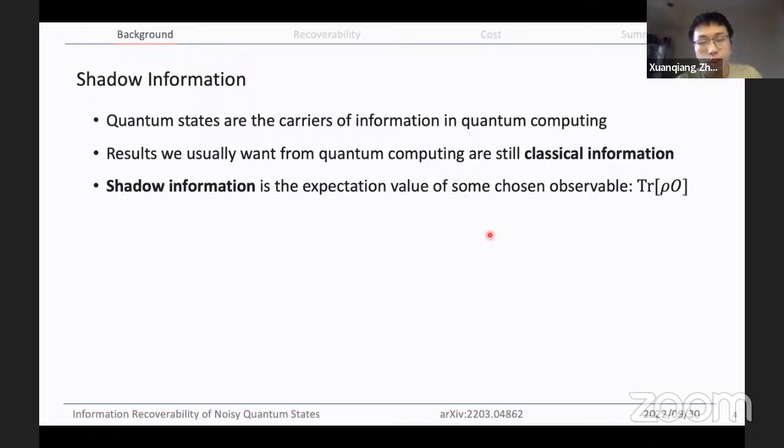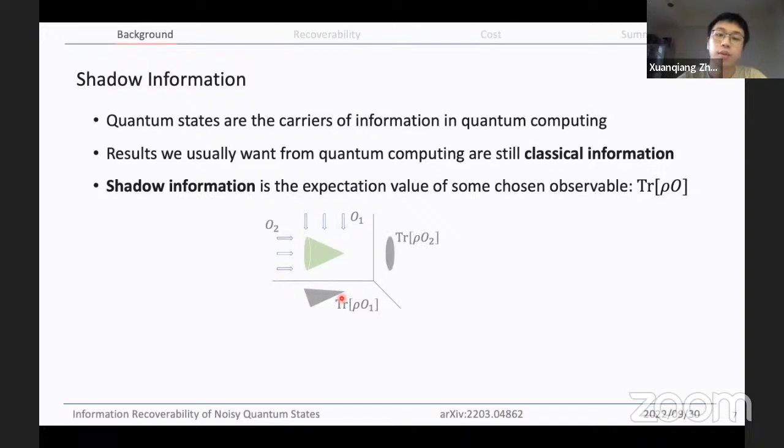We call it shadow information because you can imagine the quantum states as 3D objects in space, like the cone shown here. So if you observe it from top, you will see a triangular shadow. And if you observe it from the left, you will see a circular shadow. So different observables will give us different shadow information, which corresponds to the different shapes of shadow here.